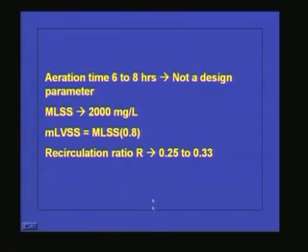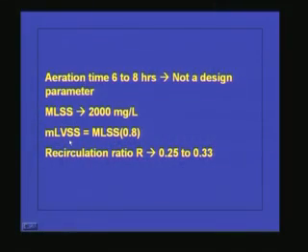In the conventional activated sludge process, in the aeration tank we give 6 to 8 hours of aeration. Please remember, this is not a design parameter. The design parameters are theta c, x and AC, which we have seen, and the recirculation ratio, but usually this is the time we give in the aeration tank.